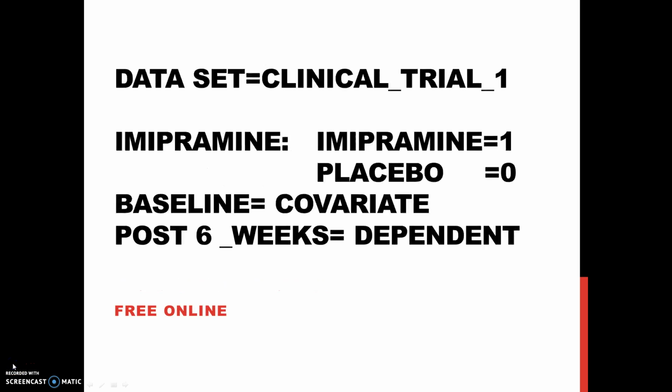Let's take a look at our data set. The title of our data set is called Clinical Trial 1, which is a study on depression in individuals. Our independent variable or our factor is imipramine, a synthetic compound used to treat depression, which will equal 1, and the placebo will equal 0.